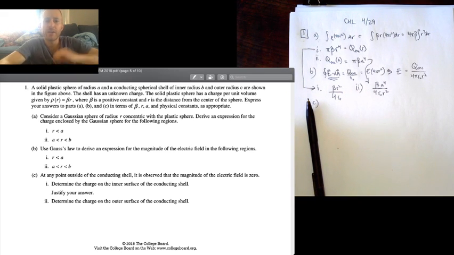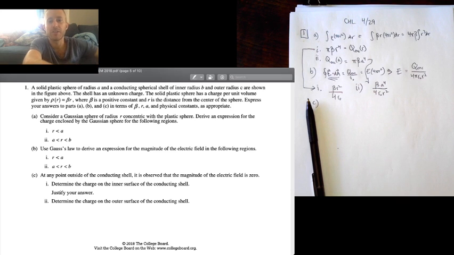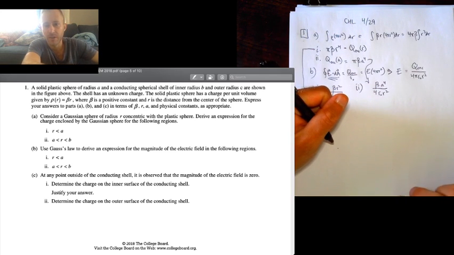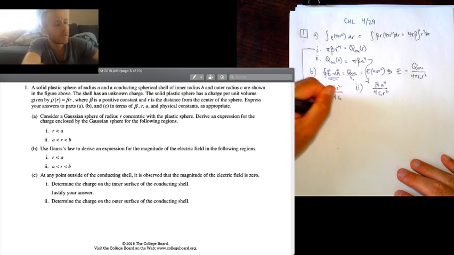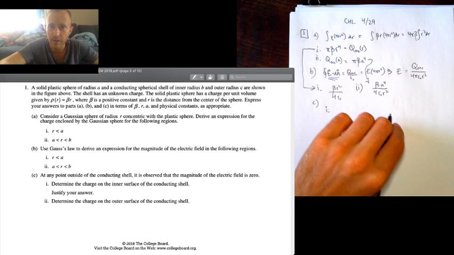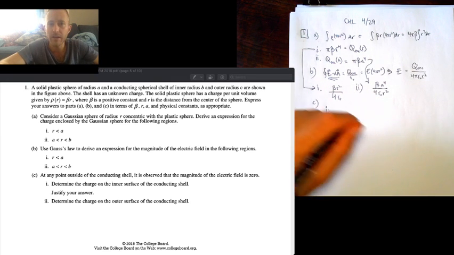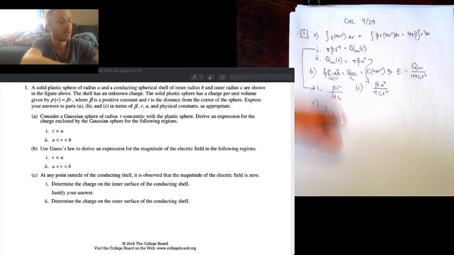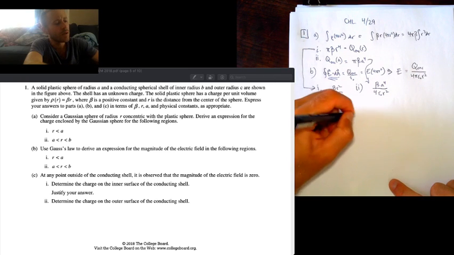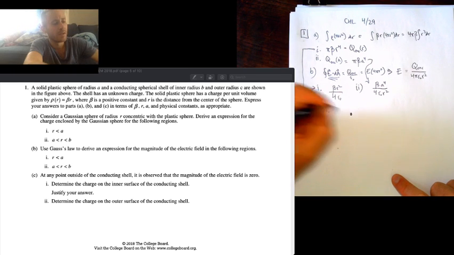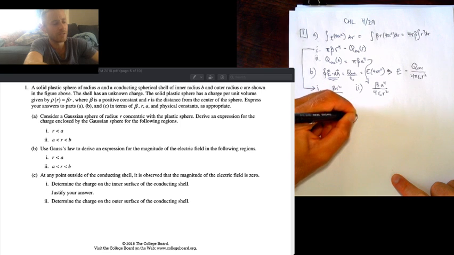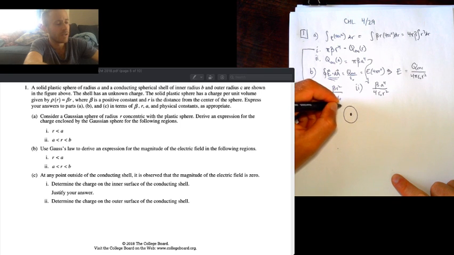Part c. At any point outside of the conducting shell, it is observed that the magnitude of the electric field is 0. Determine the charge on the inner surface of the conducting shell. Okay, so we know that it's a conducting shell, and the electric field inside of a conductor is 0. So basically, let's say this is the plastic sphere, and here's the inner edge of the conducting shell, and here's the outer edge.